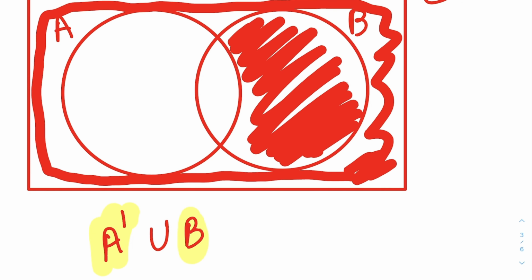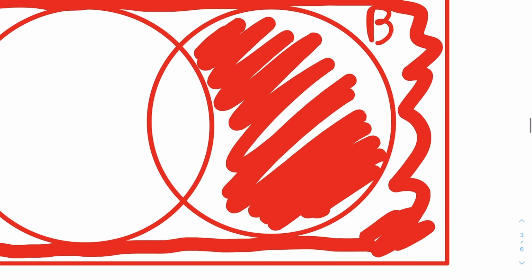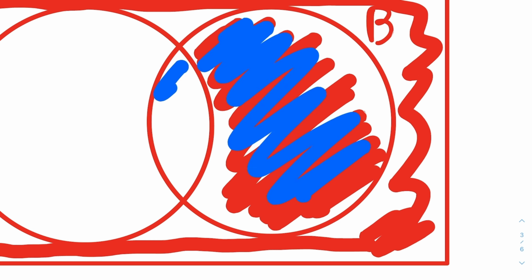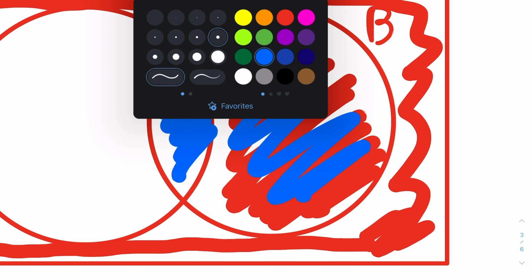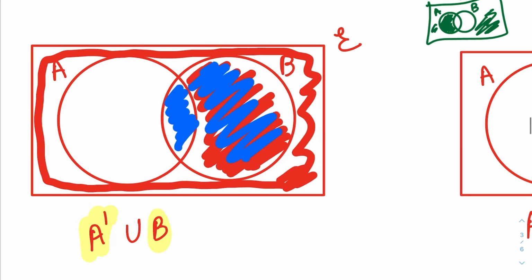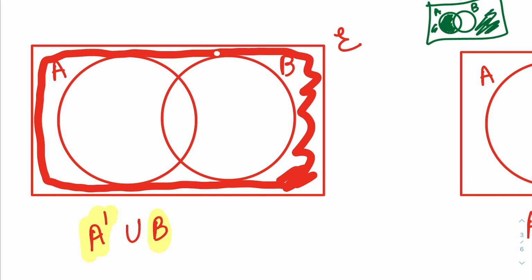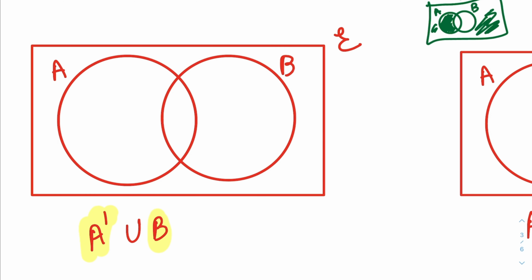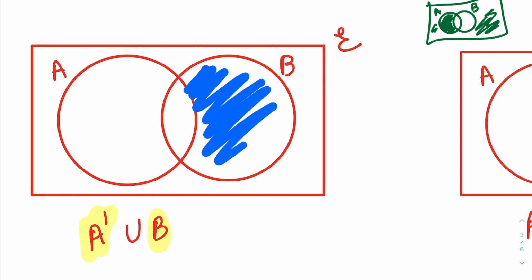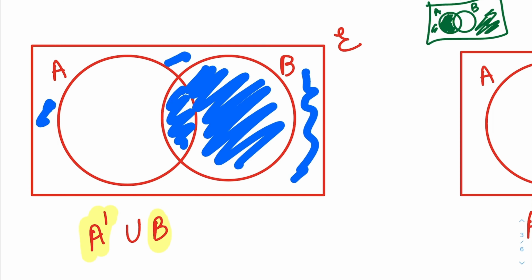So B over here, I'll use a different color to highlight it better. B is here, and B is also here, right? So this is the answer to this set. It is this section, this section, and this section. Okay? So that is the answer.